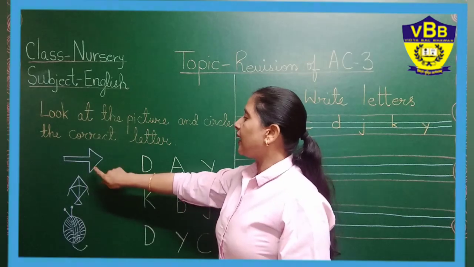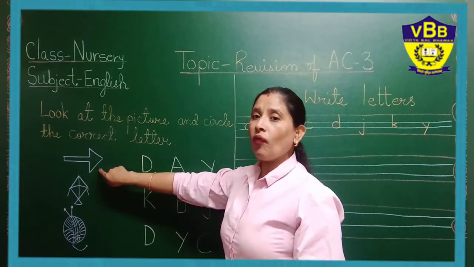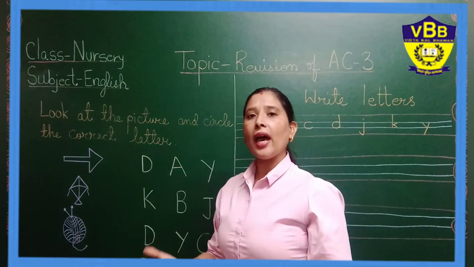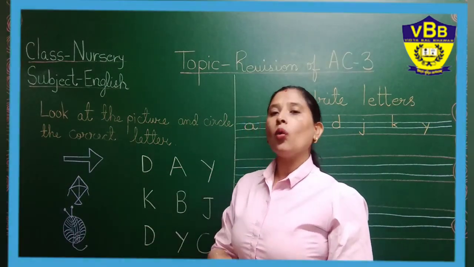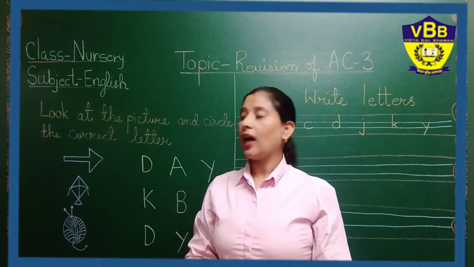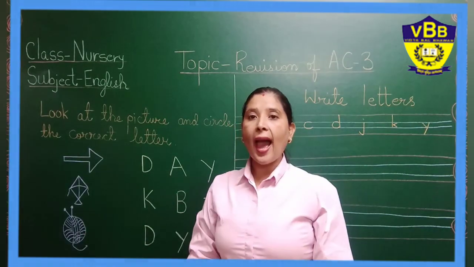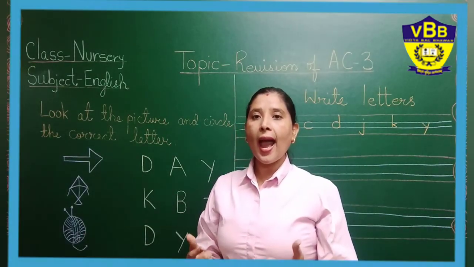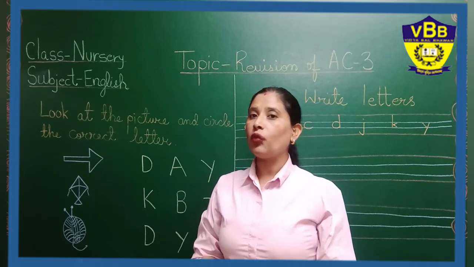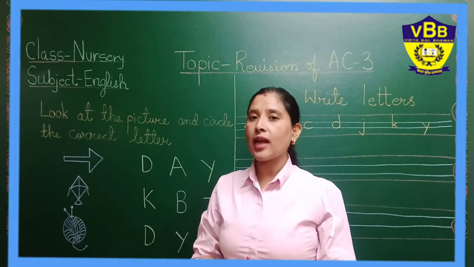You can see this is the picture of an arrow. An arrow gives us the sound of a, while we are speaking this word, arrow. Can you identify which letter this picture starts with, with the help of phonic sound?